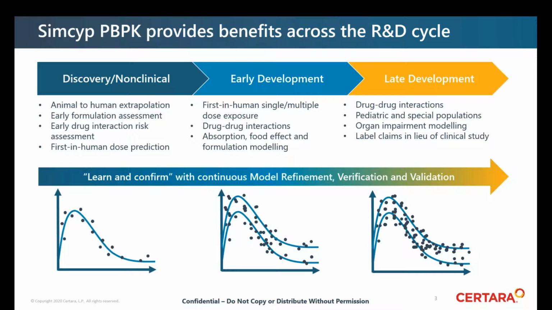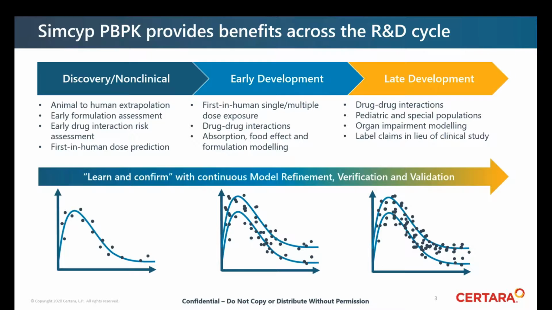As you move through the development process, those questions may shift to things such as, is there a food effect? Or what's my best formulation for using in humans? Or is there some possibility of drug-drug interaction? To support the answer to those questions, generally you're going to have more data. You might have clinical data in humans at that stage.